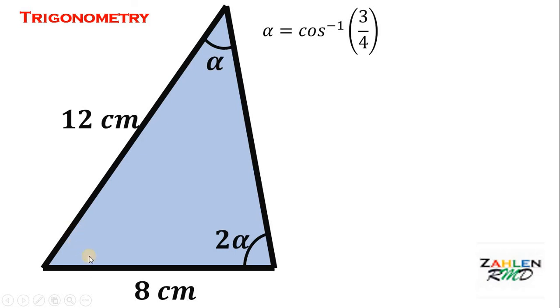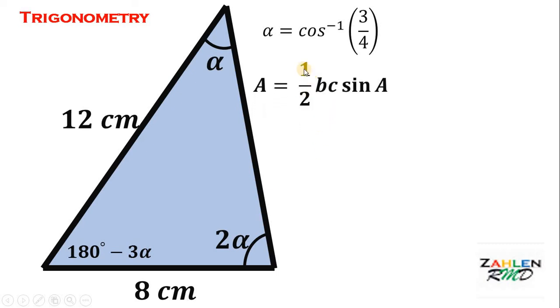Therefore, the remaining angle of this triangle must be equal to 180 minus 3 times alpha, so that if we add all those angles, we get a total of 180 degrees. At this point, we now have the lengths of two sides of this triangle and its included angle. Therefore, we can now find its area.